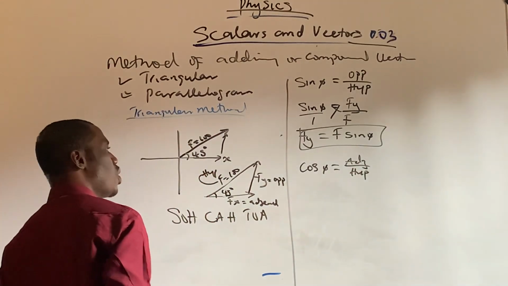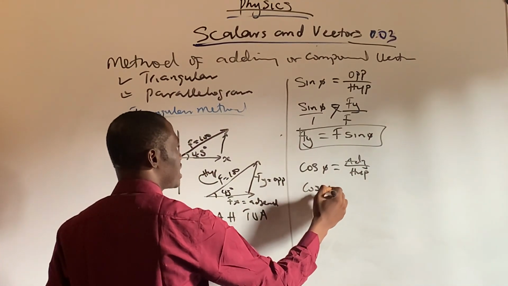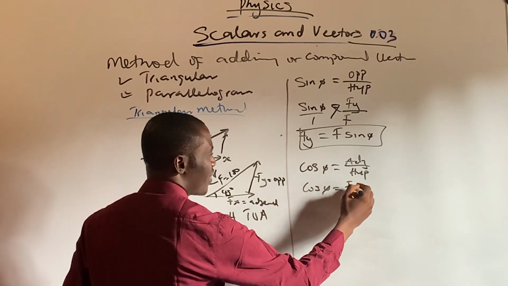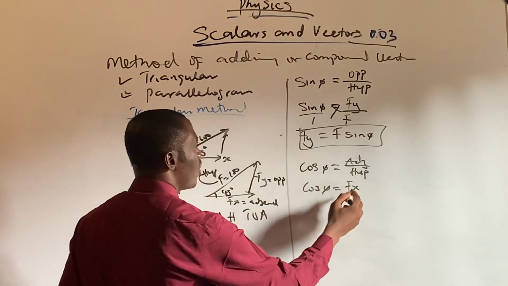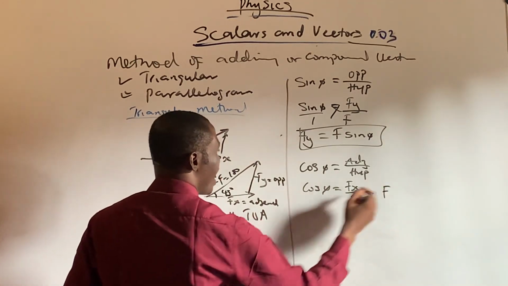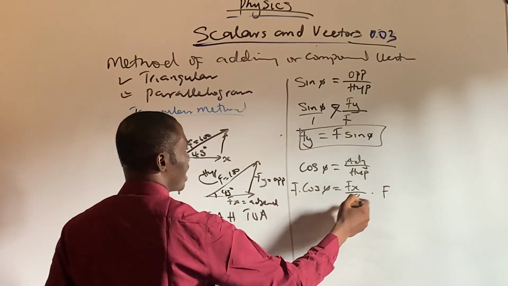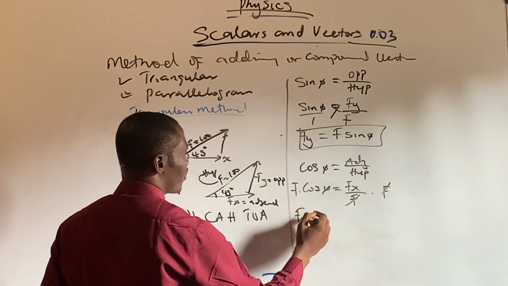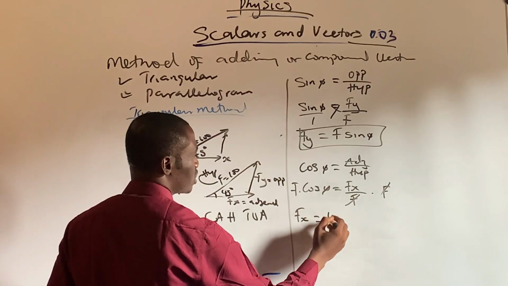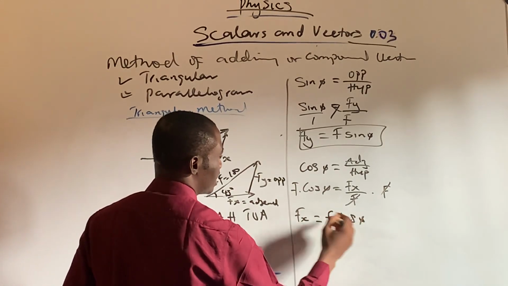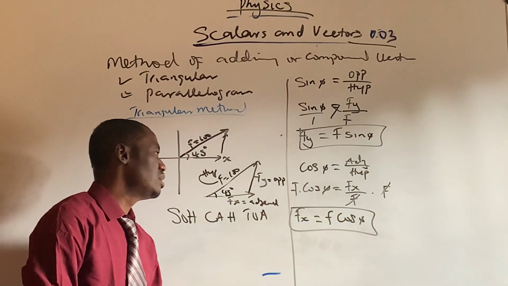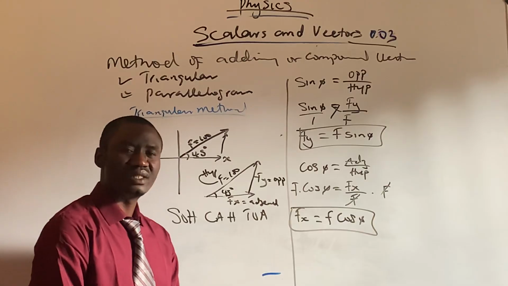Now, the adjacent is the Fx component, over the hypotenuse, which is F. Now you can multiply both sides by F so that F will cancel F. So Fx is equal to F cos theta. So we will use this formula to get the Fx component.